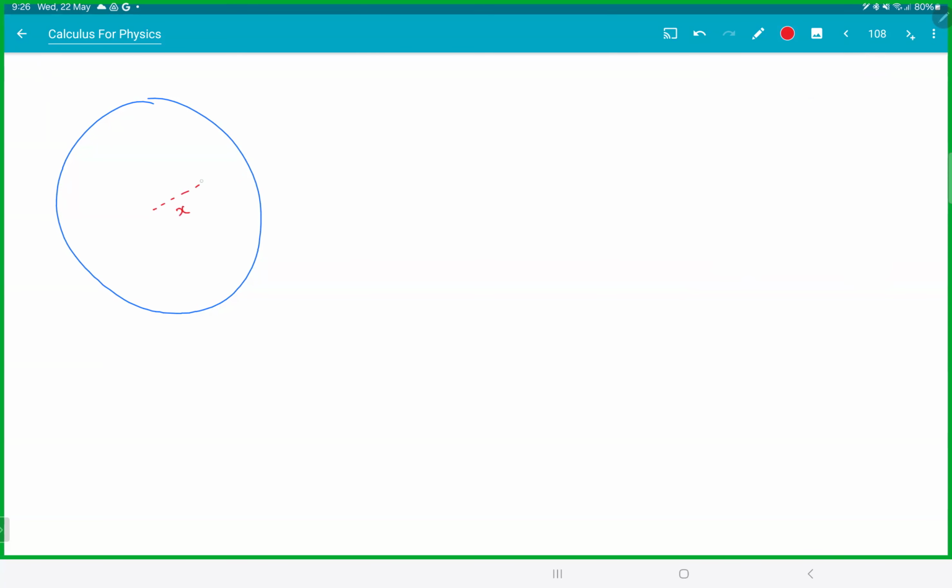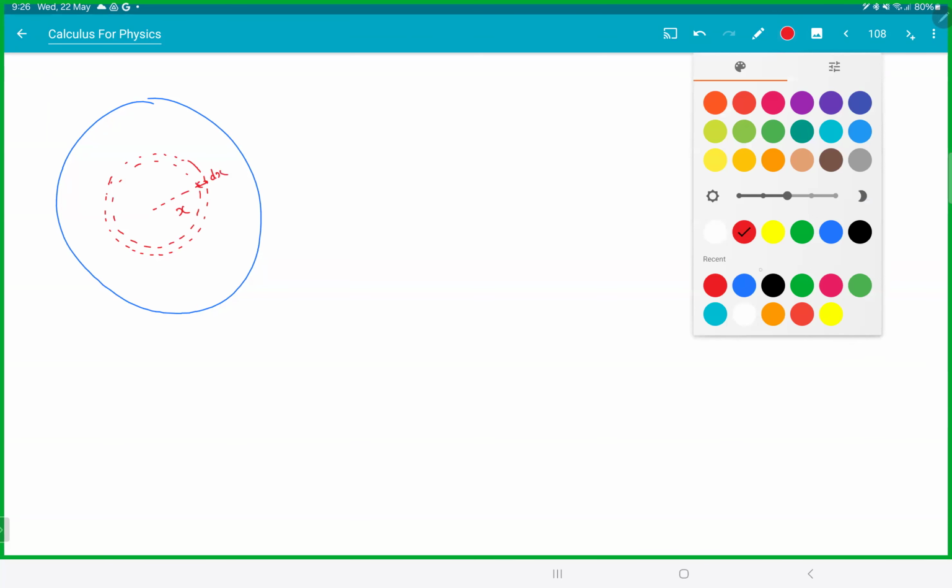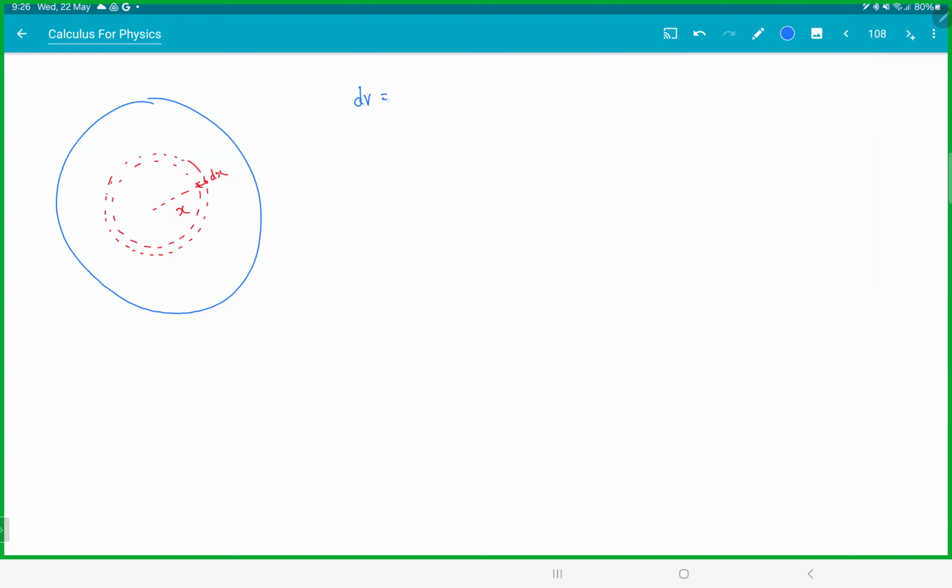So at a distance x, take a thin shell of thickness dx. dV is the volume of the thin shell. Think of a balloon. It has volume, but if you see, the thickness is very thin, so volume is surface area, 4 pi x square, into dx. Again, the same logic.